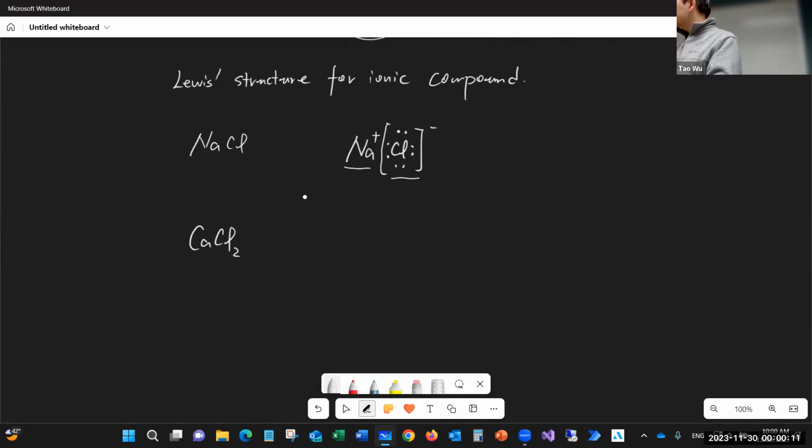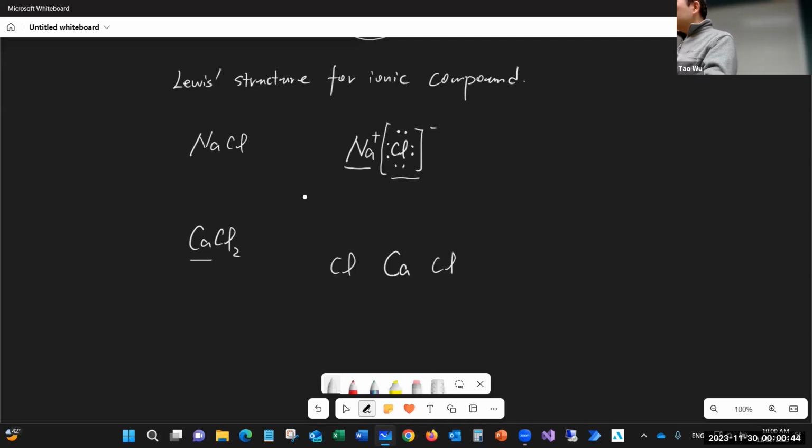But in this case, you have one more thing to concern, because you need to find which one is the central atom and which ones are the side atoms. The central atom is the one that shows only once, and the side atoms are the ones that appear multiple times. So obviously calcium is the central atom. In other words, you write the calcium right in the middle, and chloride is a side atom, so you put the chloride on the side.